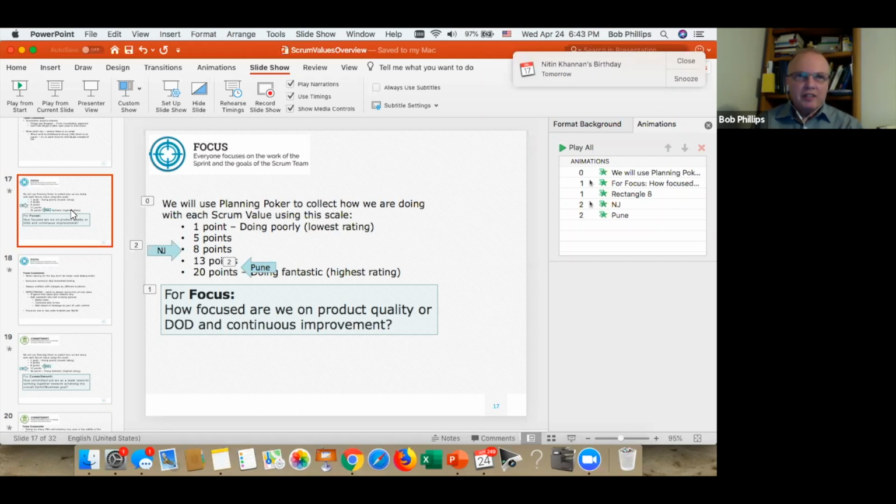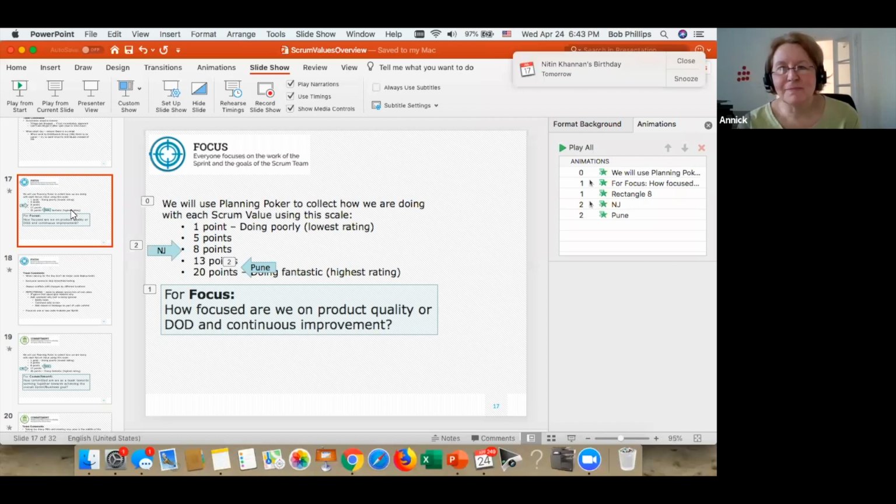He was a PSM2, which is a Scrum.org certification, like their middle level Scrum Master certification. And I came in as a CSP because I got all my certifications from the Scrum Alliance. So sometimes we had very differing opinions on things, and it was healthy.